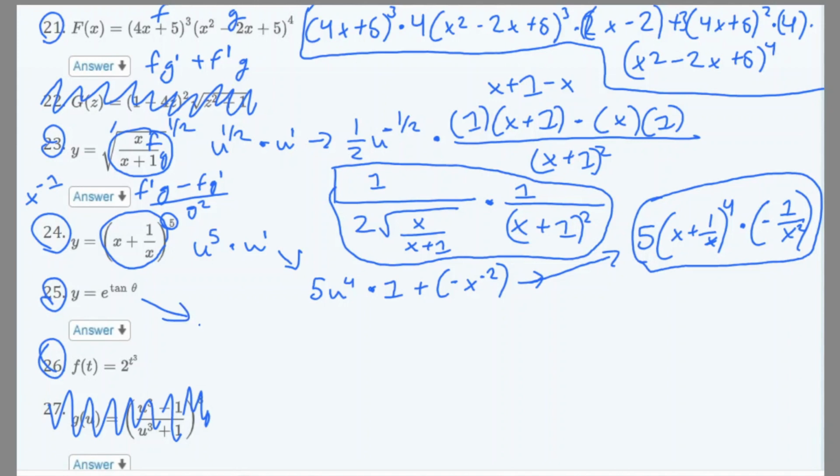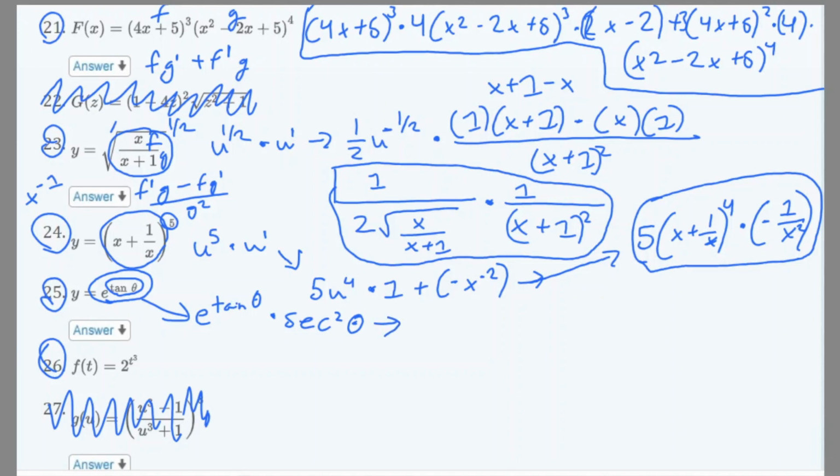And now for 25, we're dealing with an e variable. So for this, our inside function is going to be this exponent, and our outside function is going to be the e. So we're going to have e to the tan theta, because we have to find the derivative of e to the tan power, multiplied by the derivative of the inside, which is tan, and the derivative of that is secant squared theta.